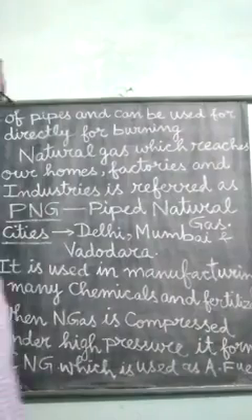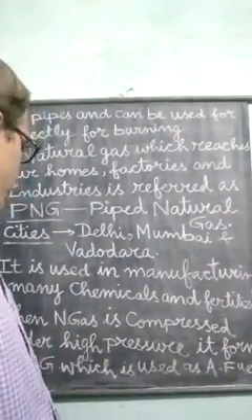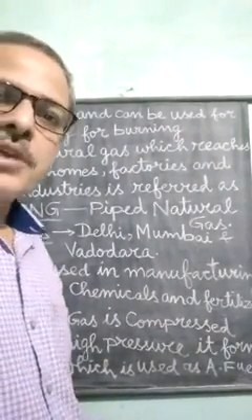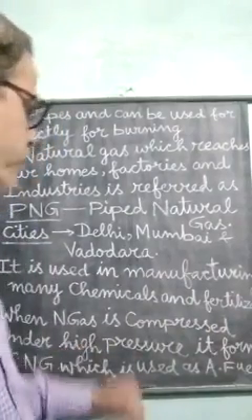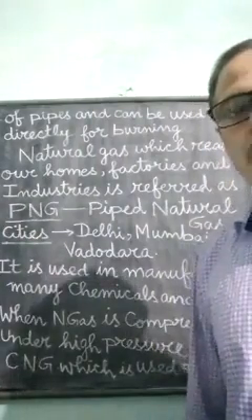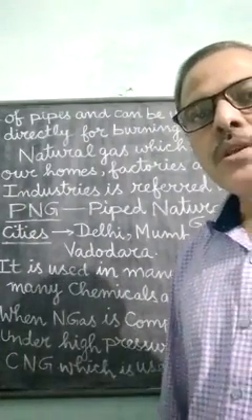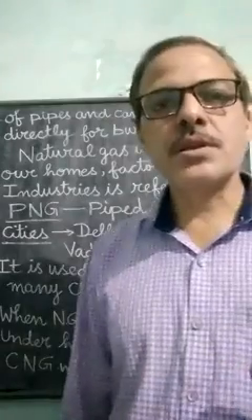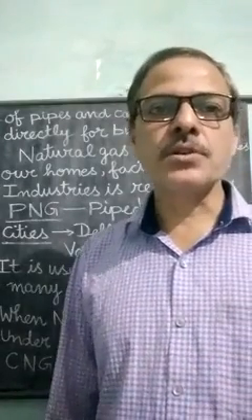Next to this, one more thing you should know: when this natural gas is compressed under high pressure, then it forms the CNG. You all have heard about the CNG. We have been discussing the CNG, that is the compressed natural gas, for a very long time.